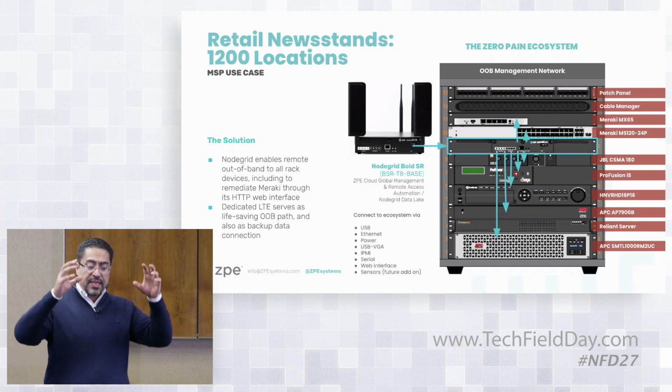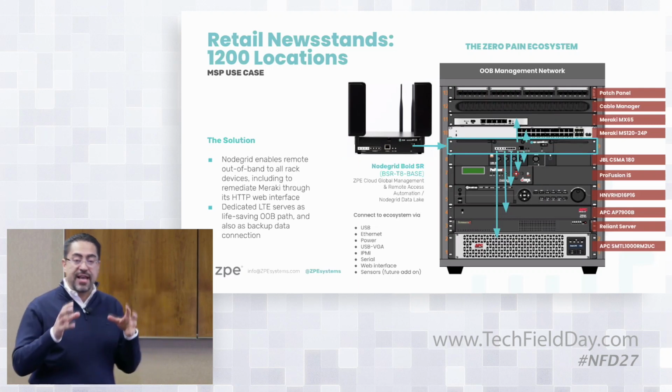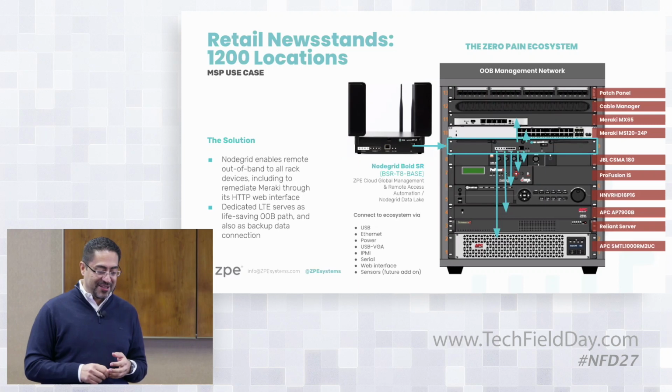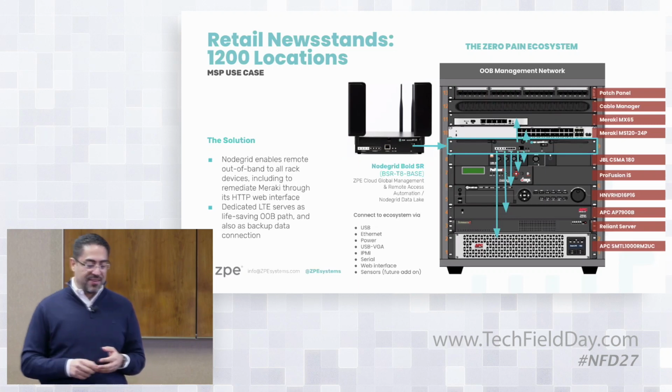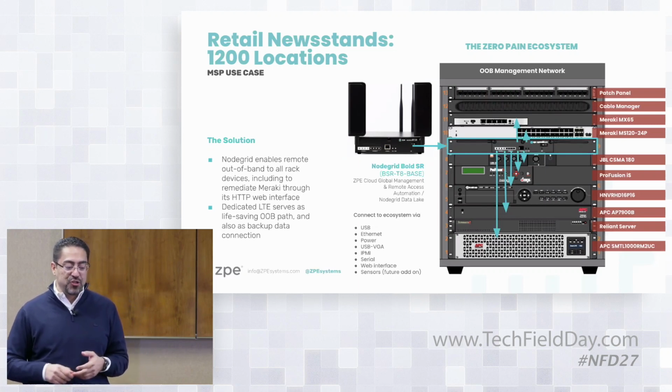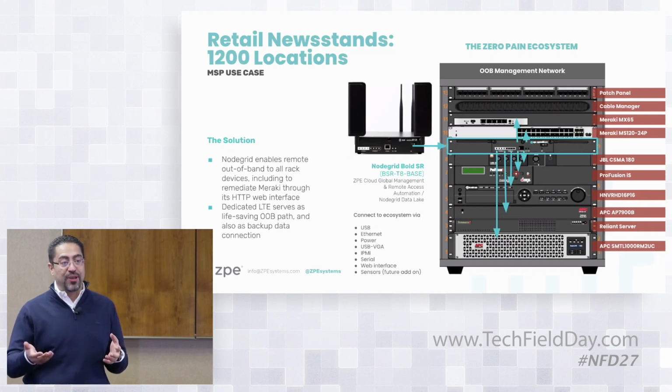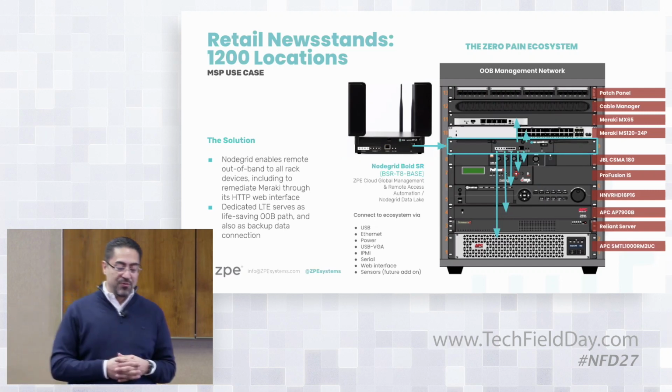One of the attributes is that it's connected to all of the different pieces of equipment using various technologies. And this is a good example of the ecosystem model, where the audio system, as an example, you have to connect with a web interface, I think. And then there is the USB VGA. There is serial. And then on the Meraki that's in here, it doesn't have a serial console, and when it's broken, you need to get to its web interface and recover it.